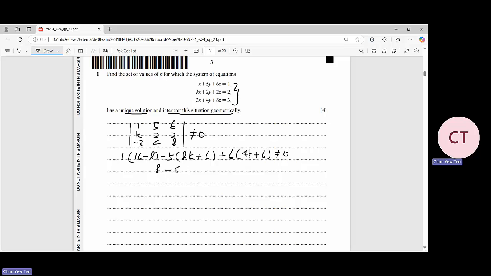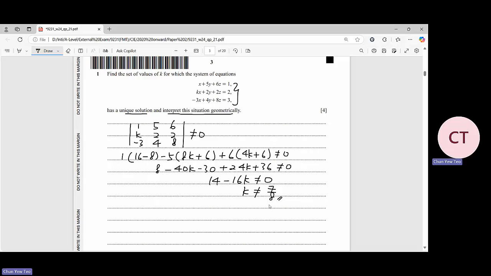Expand and simplify: 24k plus 36 not equal to 0. Then we have 14 minus 16k not equal to 0. Therefore, k cannot equal 7 over 8.